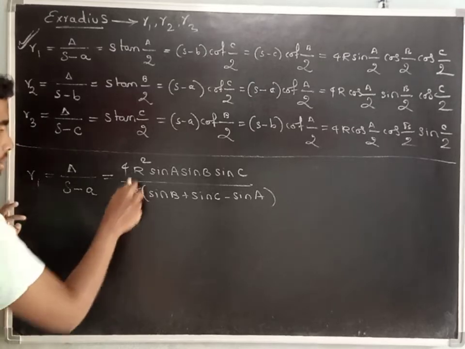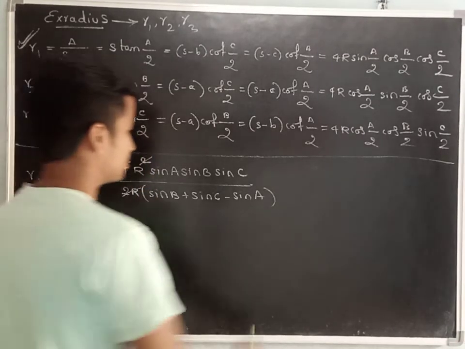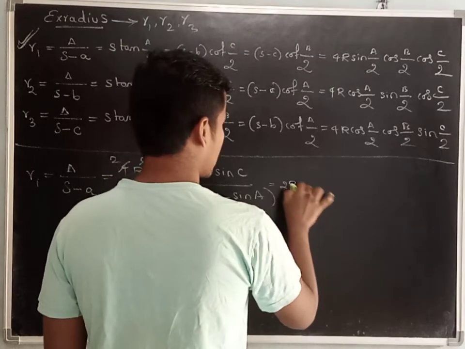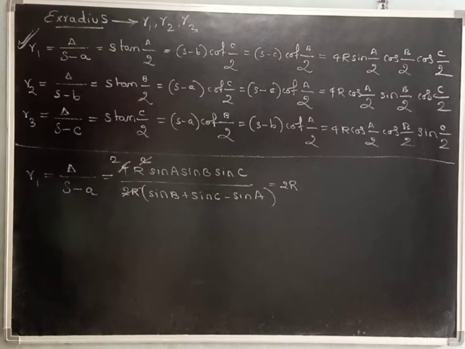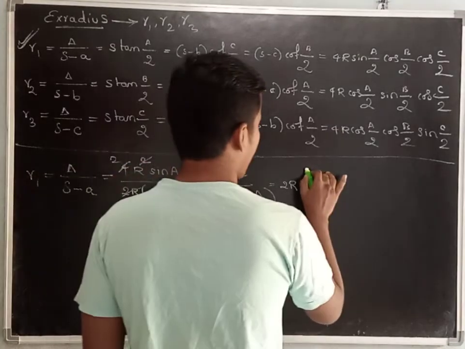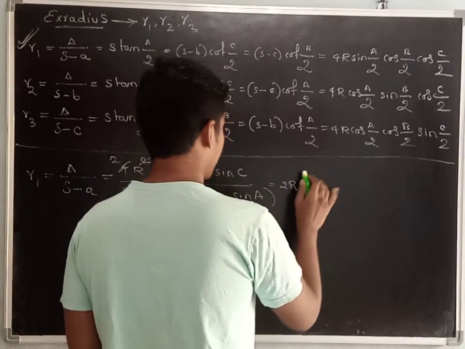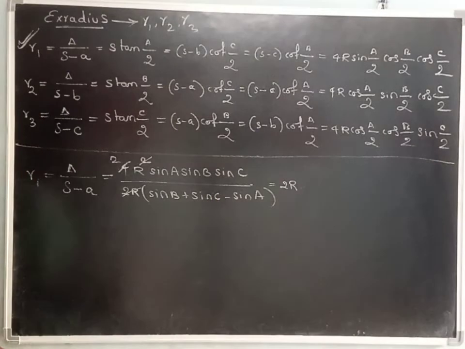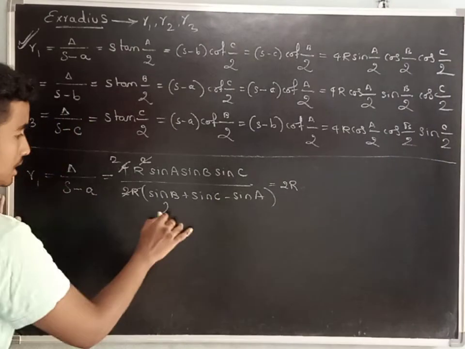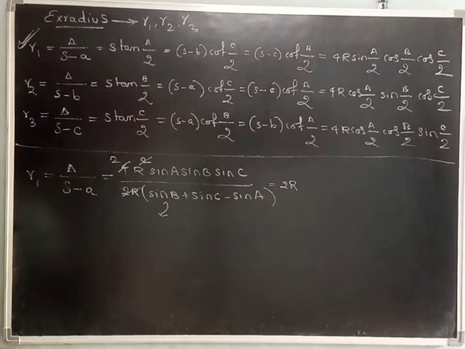Here 2R cancels, remaining is 2R into sin A sin B sin C. First of all, let me simplify sin B plus sin C minus sin A. Okay? Let me consider this part, sin B plus sin C minus sin A.